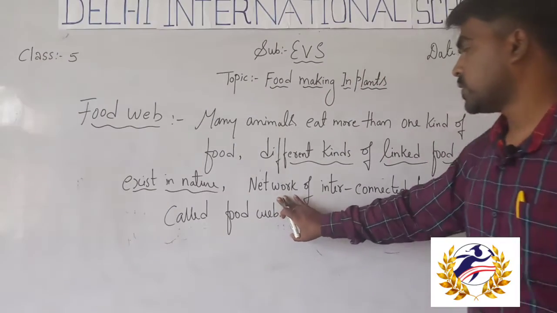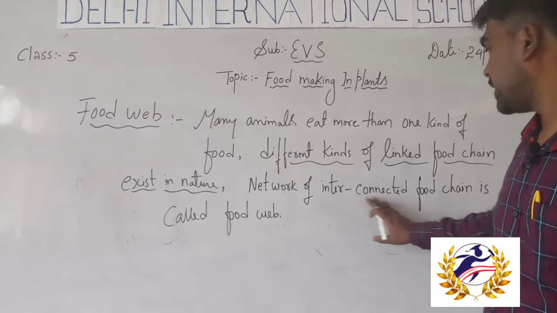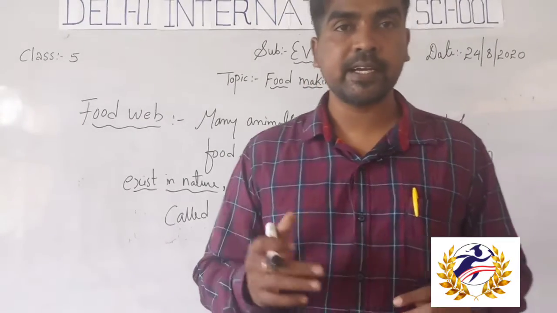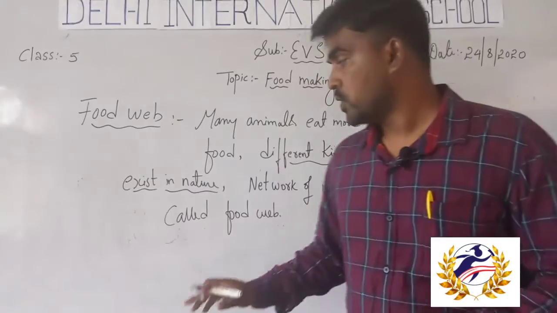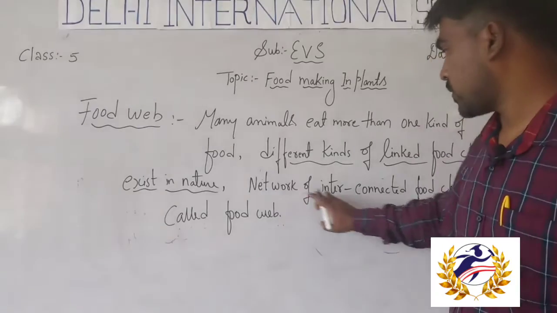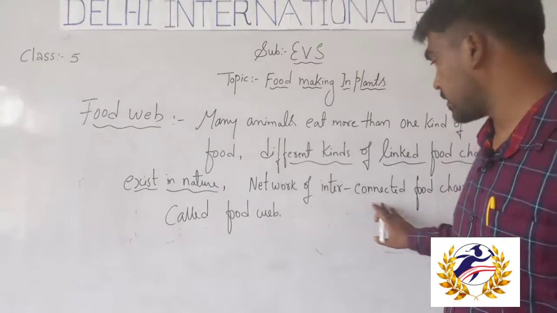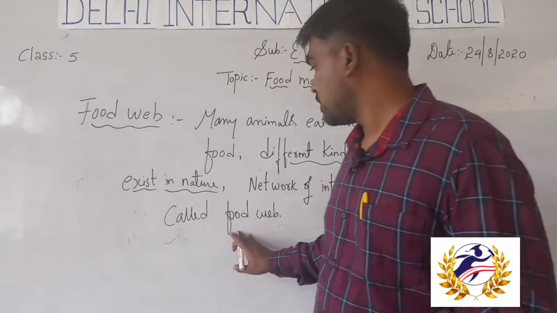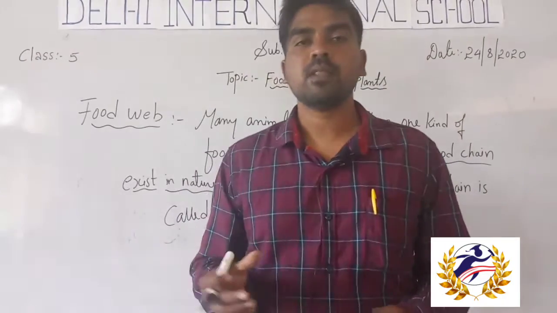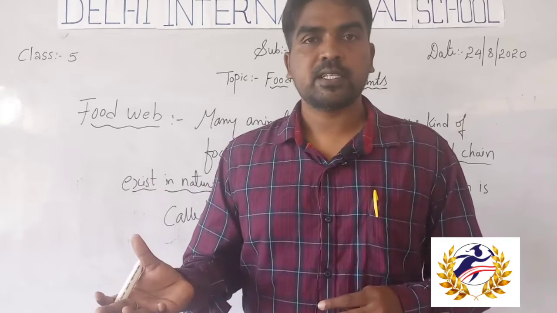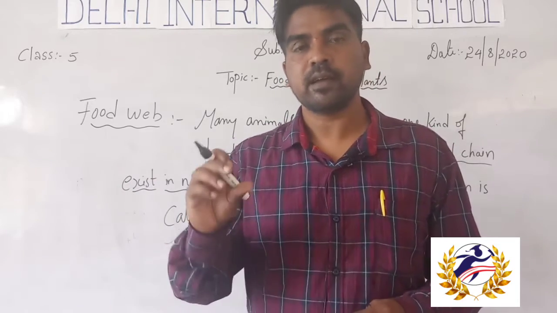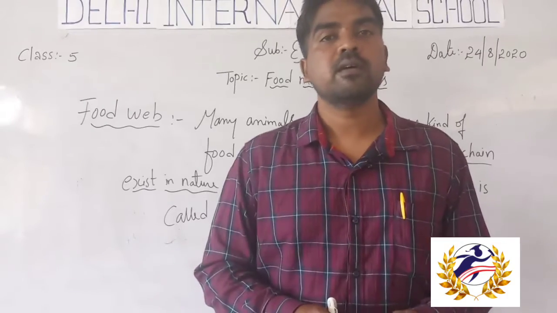The network of interconnected food chains is called food web. Once again, the network of interconnected food chains is called food web. For example, grass: animals also eat grass, and many insects like grasshopper also depend upon grass.